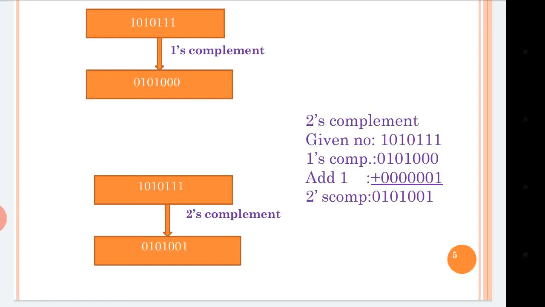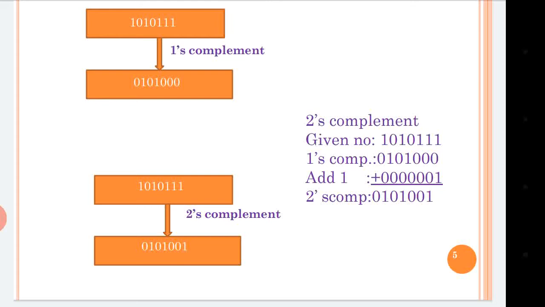There is one more shortcut method to find the two's complement of a number. You have to start from the right side of the given number. Write down all the bits from the given number as they are, up to the first 1 from the right side. The first time 1 comes from the right side.